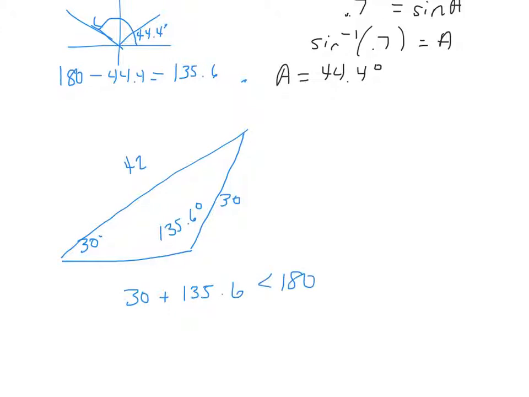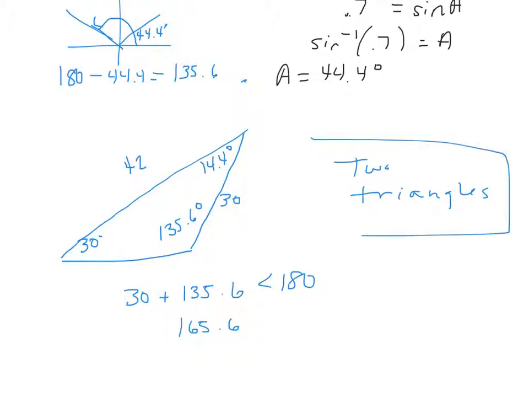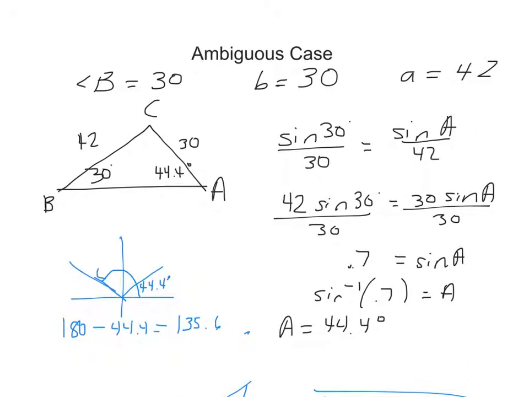So that's why I'm able to have a second triangle here. That adds to 165.6, so that means my last angle is going to be 14.4 degrees. So that's why we have two triangles here. So I have my first triangle with 30 degrees, 44.4 degrees, and 105.6.